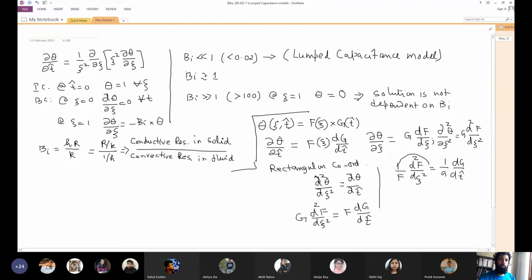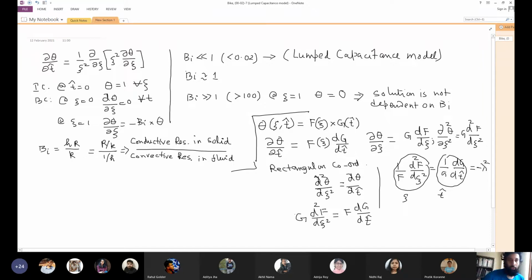So this is a function of zeta only, and this is a function of t hat only, and both are equal. So they have to be equal to a constant. So that we call as negative of lambda square. So that is the variable separation method.